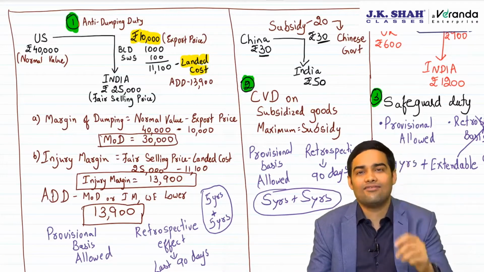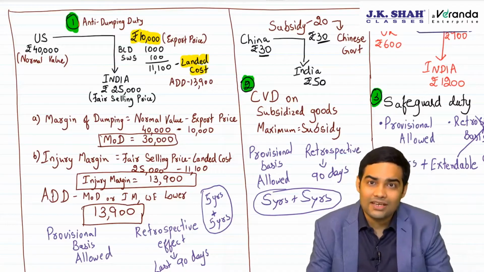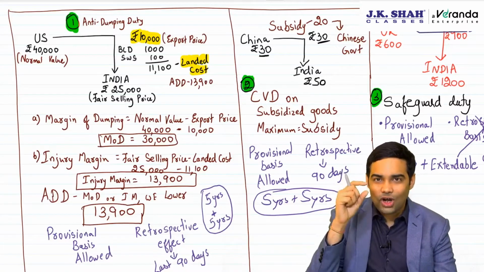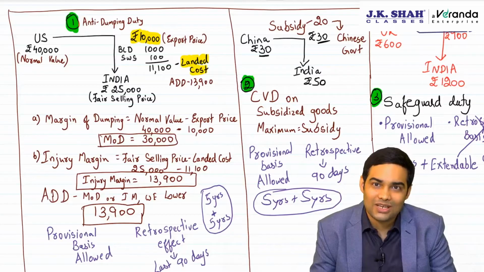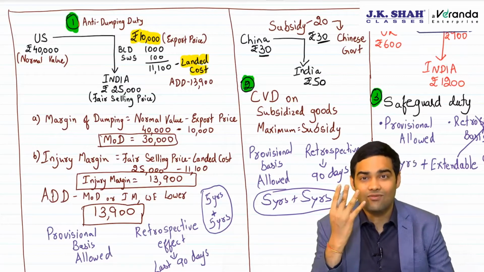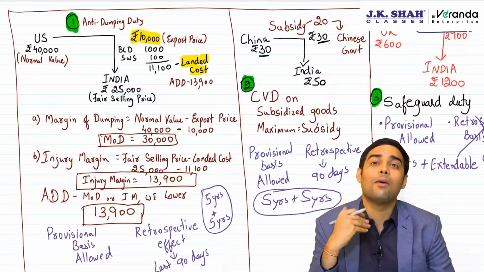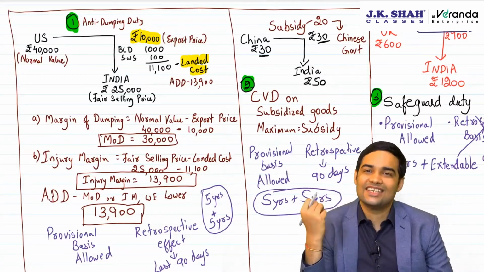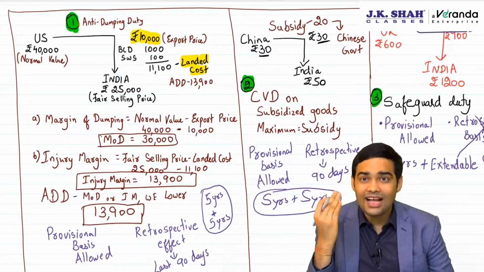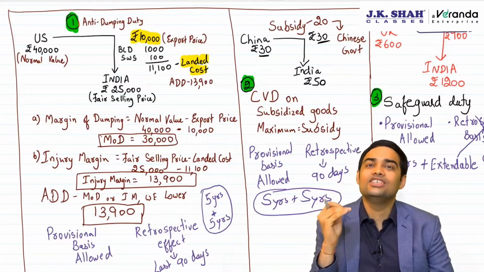Both the terms have their meaning. Margin of dumping: normal value minus export price. See what's the normal value of this? 40,000. Export price 10,000. So margin of dumping is to the extent of 30,000. This is compared with injury margin.